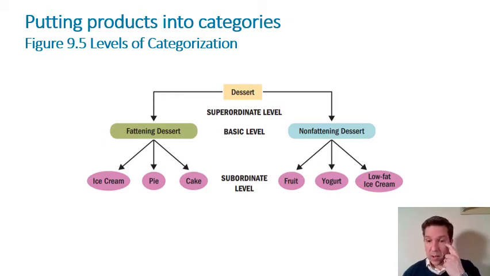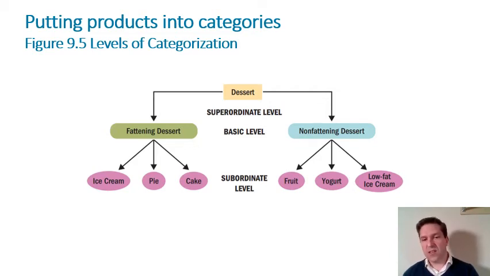superordinate level, we're going to basically identify groups of products that have similar characteristics. So here you have, for example, full fat desserts versus low fat or no fat desserts. Right, so if you're maybe having diet considerations, like we were talking about before, maybe this categorization will be relevant for you because usually fat has high caloric content, 9 calories per gram versus 4 calories per gram for carbohydrates or protein.